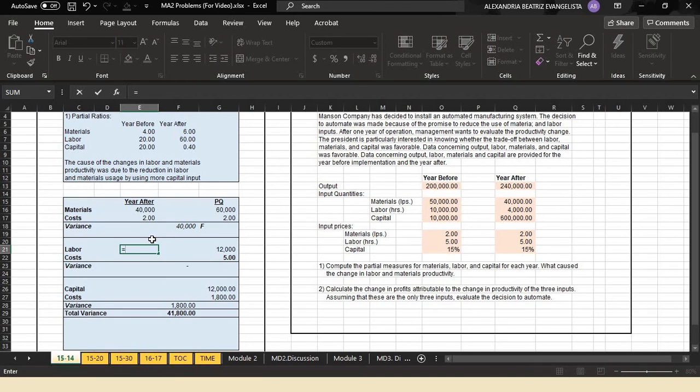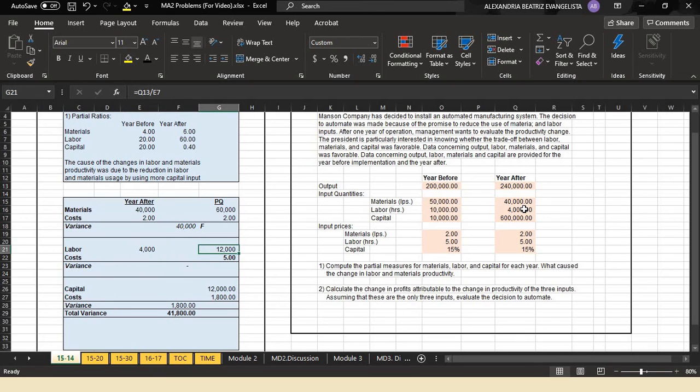So for the year after, the input quantity for labor is 4,000, and as for its PQ, it is again computed by dividing the year after's output, which is 240,000, by the productivity ratio of labor under the year before, which is 20, and that would give us 12,000.